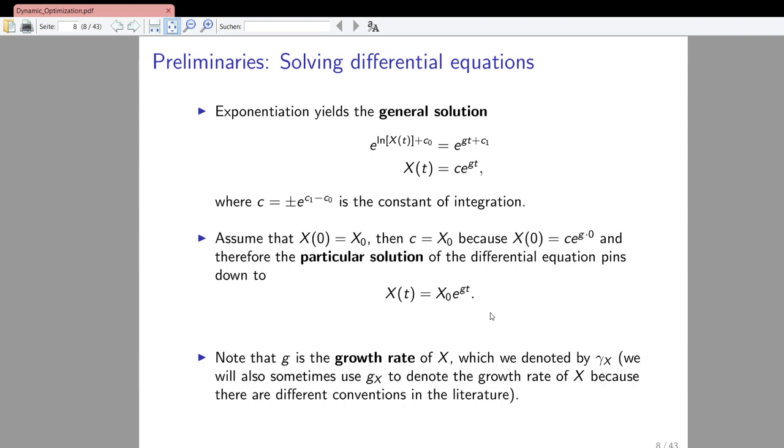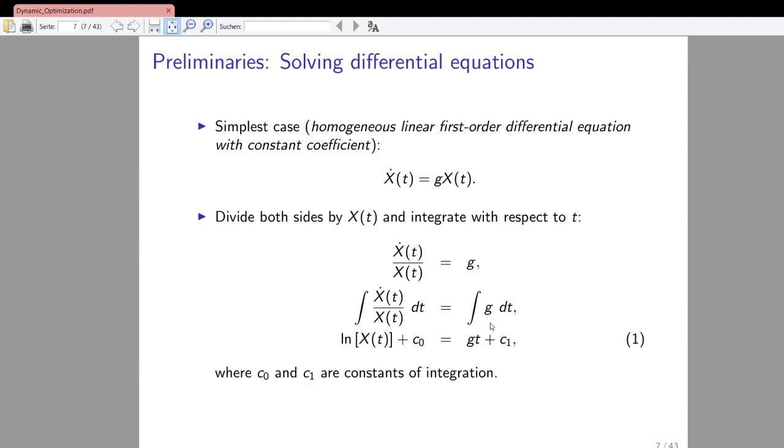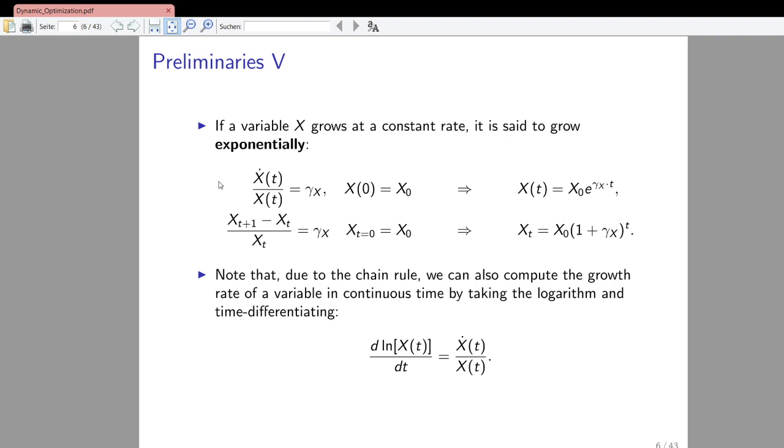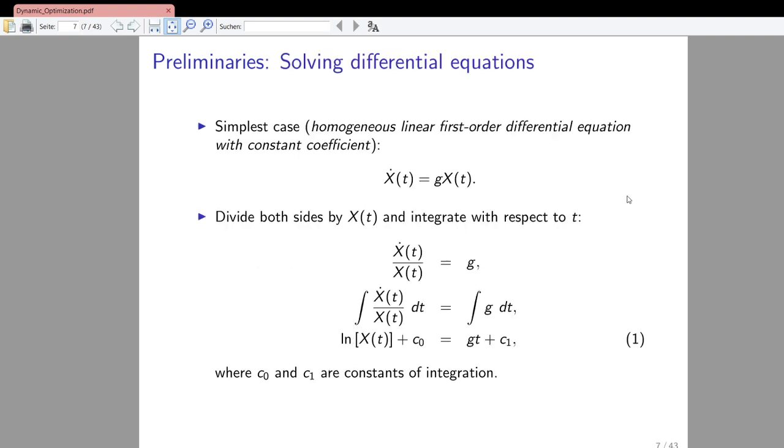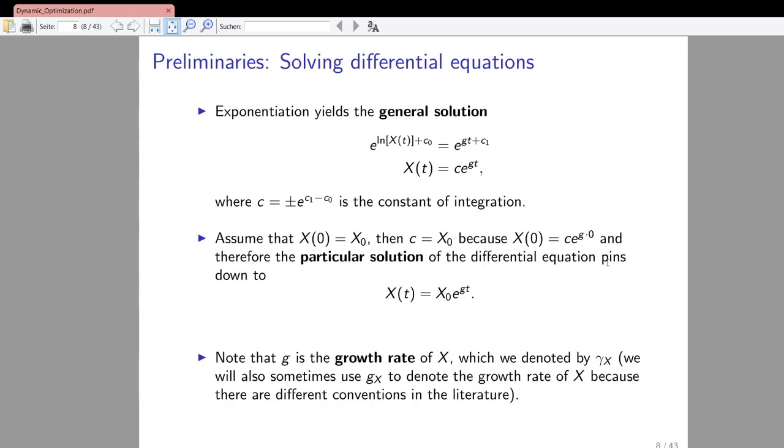And then we have the particular solution of the differential equation, and that's basically the same as what you see here when we talked about the growth rate and the variable x at time t when we apply this growth rate and the particular initial condition. So this shows that we did the calculations right at the beginning, and it shows how you can calculate the general solution and the particular solution of a differential equation.